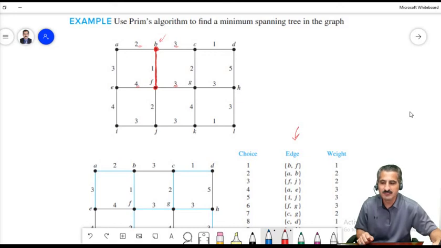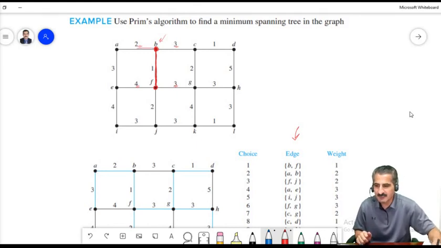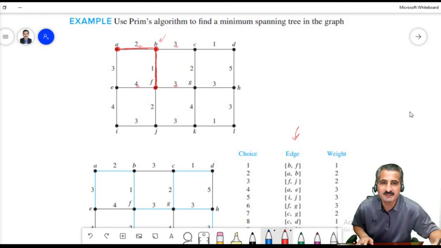Good. Now take the edge that has the smallest value. Remember, you can see what B and F can see. This comes out to be the smallest edge, so we will take it, and then vertex A is added.